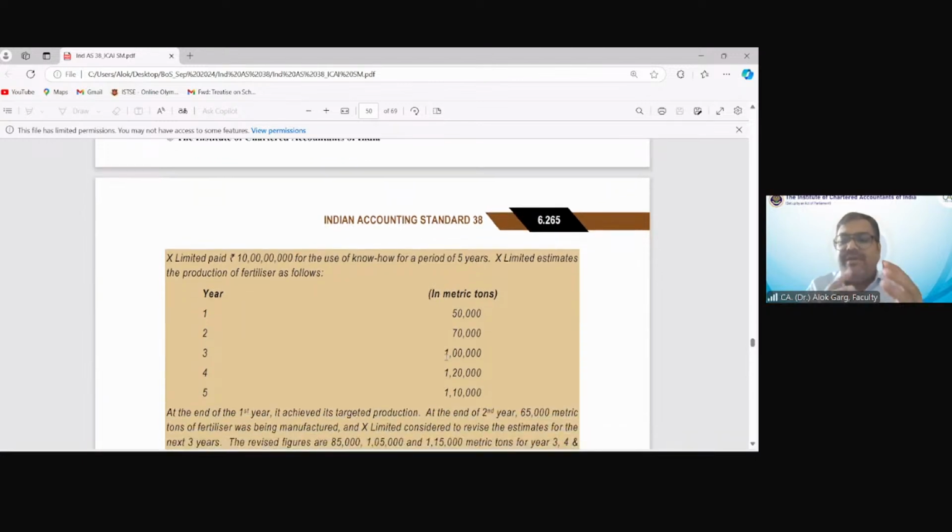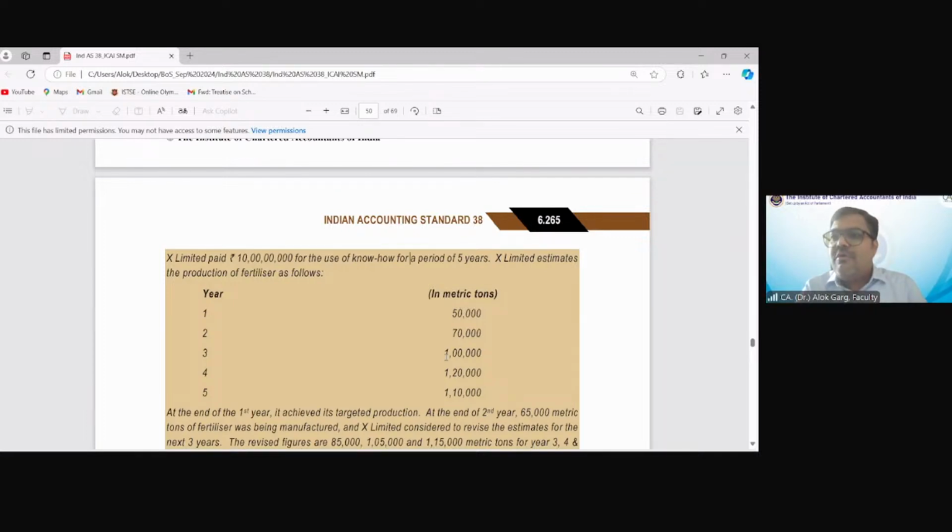So X Limited has purchased the technical know-how, meaning the formula to make its production process efficient, right? Tell me, if X Limited does not do any production, will X Limited be able to get the benefit of this formula?